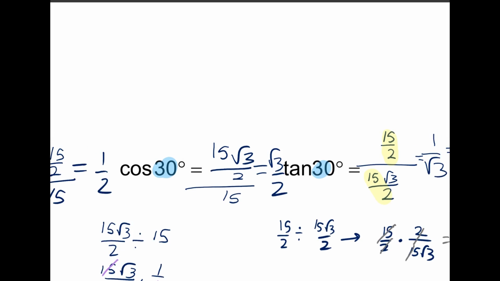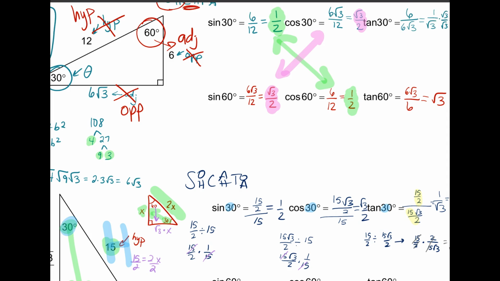Okay, let's take a second. What do you notice from this line and this line? For every 30, 60, 90 triangle, no matter how big it is, the ratios of the sides are the same.